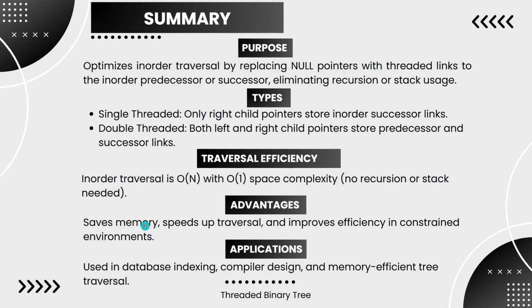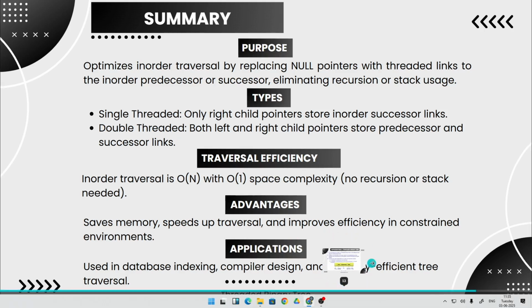Instead we store threads in that place, and it speeds up the traversal process, and in a constrained environment it helps to improve the efficiency. It finds application in many domains: it is used in database indexing, in compiler design, and also with any sort of memory efficient tree traversals.